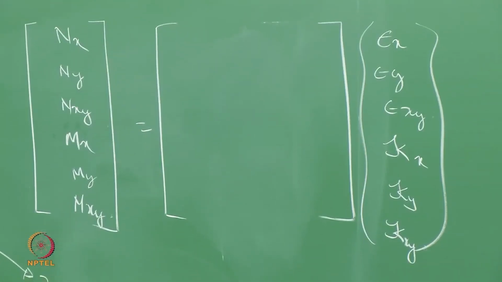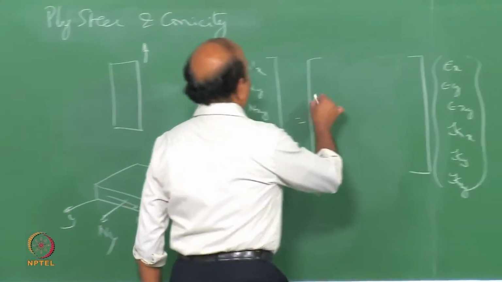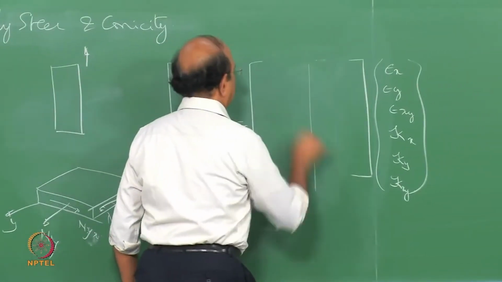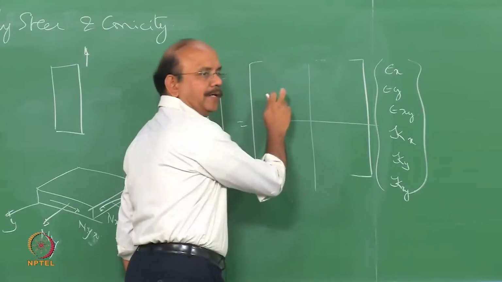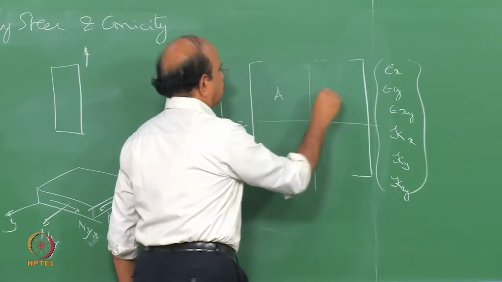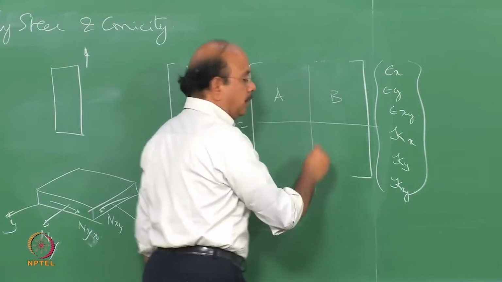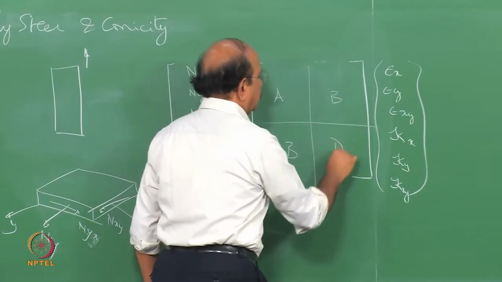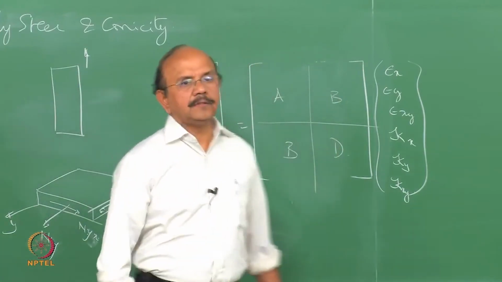Now, these two are related by these constitutive equations. Let's say we'll divide it into 3 by 3 blocks. We'll call that A, we'll call that B, call that B, and that we'll call D.